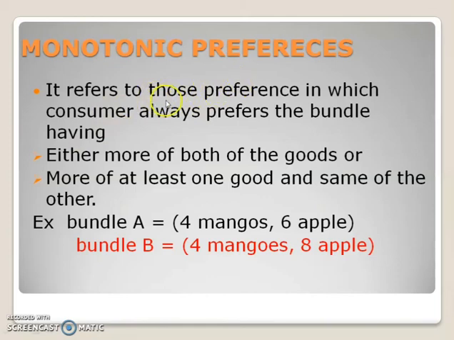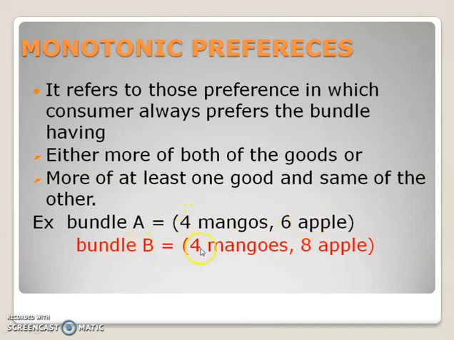Monotonic preference is such that a consumer will always prefer more quantity of a good. We always prefer more quantity of a good than less quantity. For example, the consumer has two combinations of goods, bundle A and bundle B. Bundle A gives 4 mangoes and 6 apples.